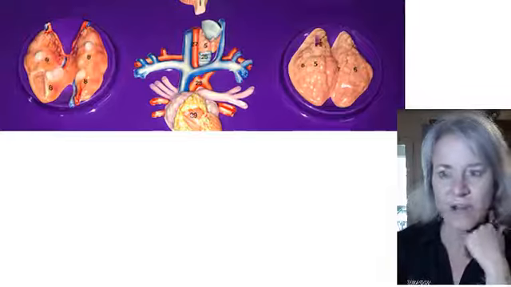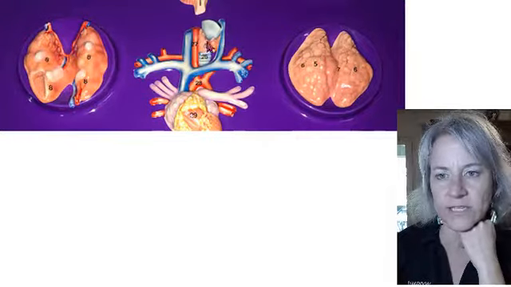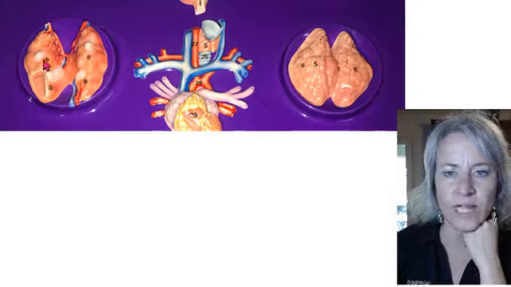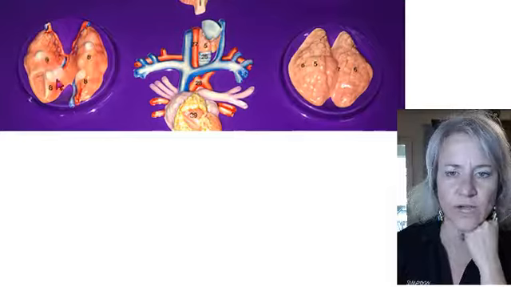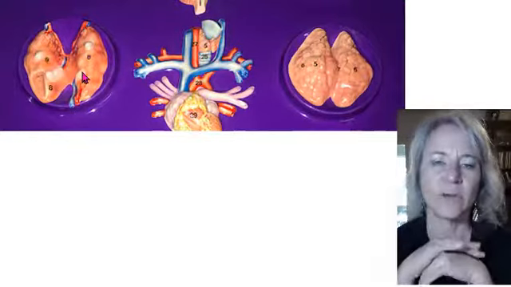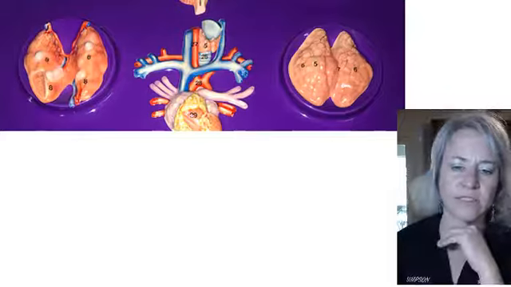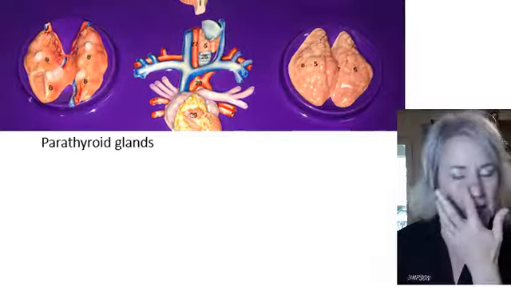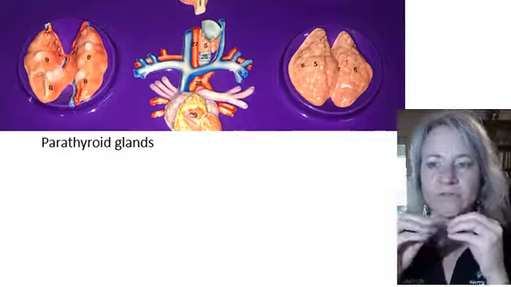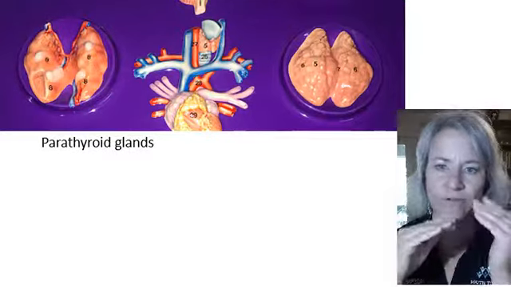Now behind the thyroid, this is your thyroid that's in your neck, there are 4 little glands here, 1, 2, 3, 4, like 2 on the right and 2 on the left, behind the thyroid. And those are called your parathyroid glands. You cannot differentiate the parathyroid from the thyroid.